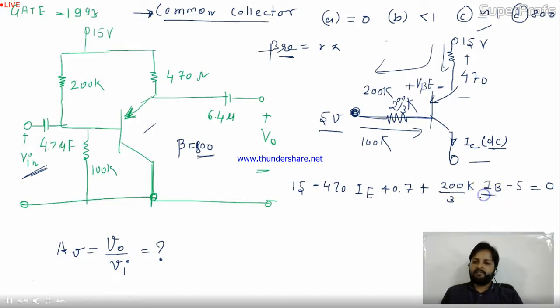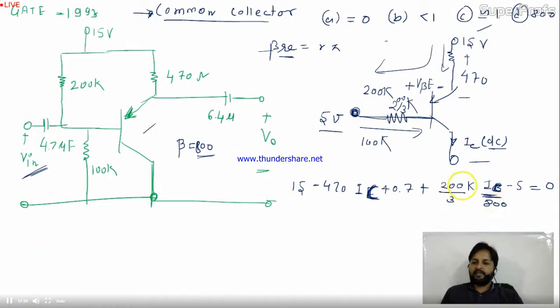So what is the relation between beta and IC? IC equal to beta IB. Is it okay? So IB is IC by beta. I can replace this IB by IC by beta, and beta is 800. I can replace this IE by IC also because I need to calculate only IC over here. Let me make some space. Are you getting it? So come now.